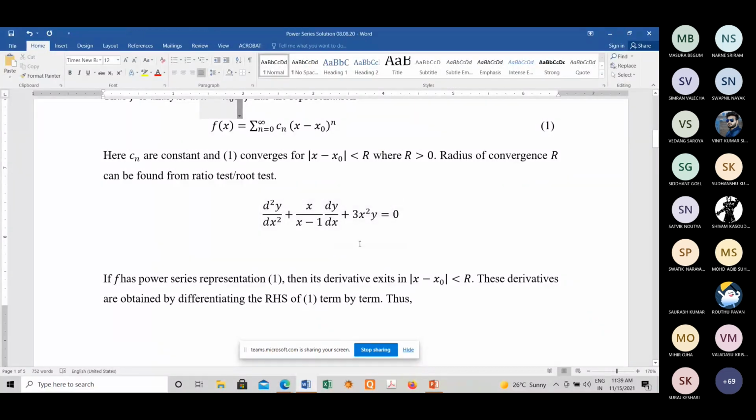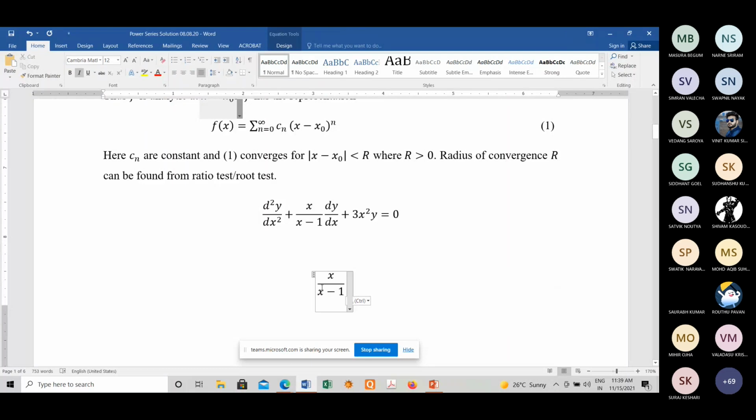Yes, sir. So in this case, this is one function. Maybe you may assume this function as f(x).